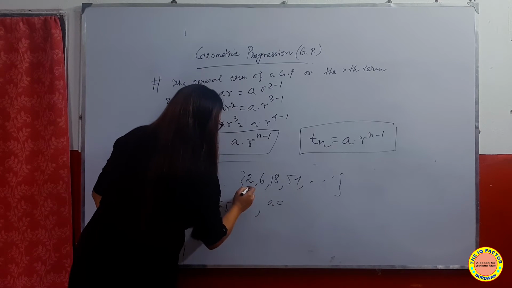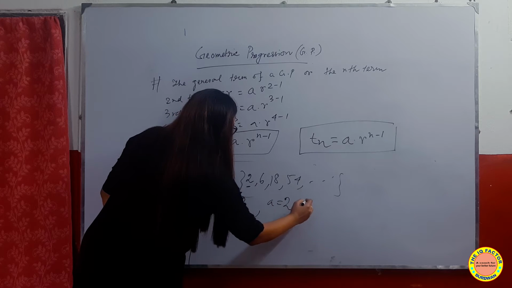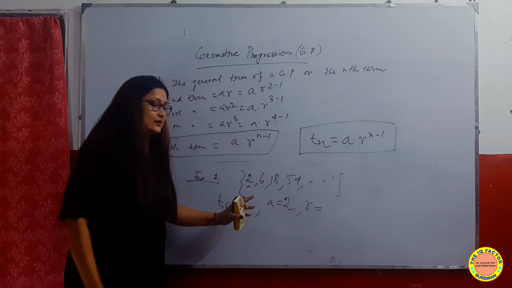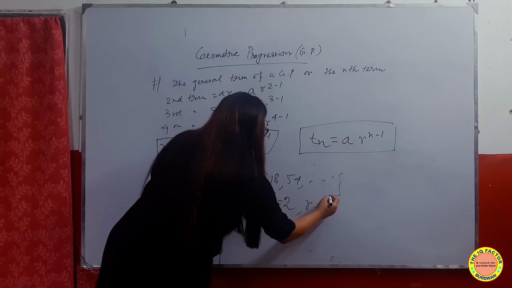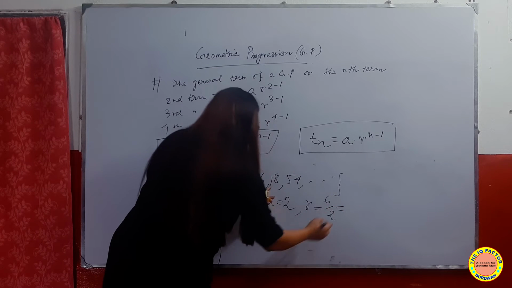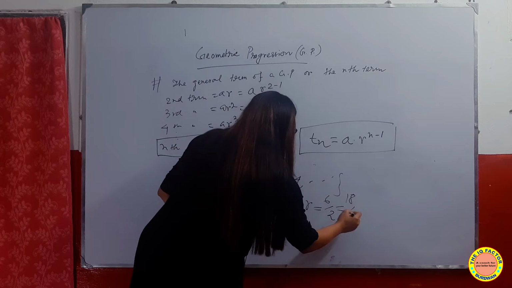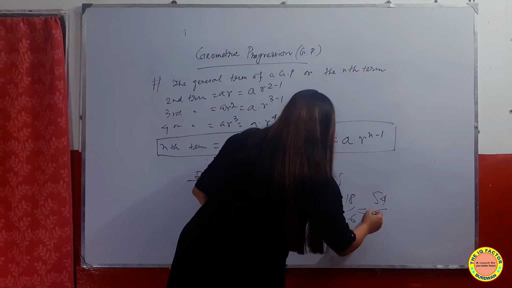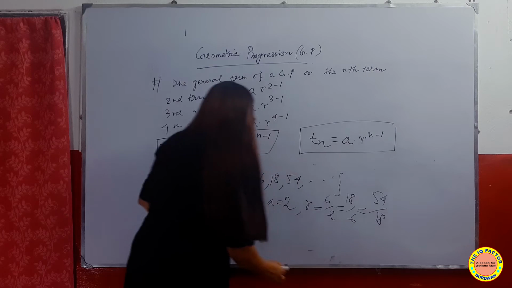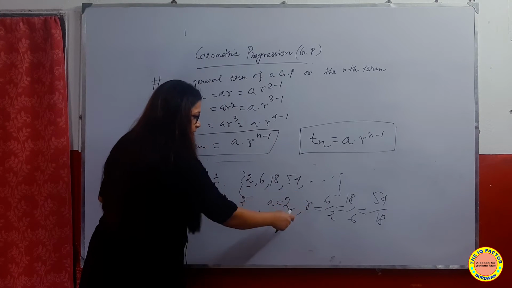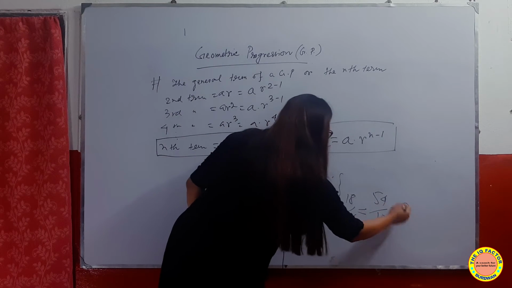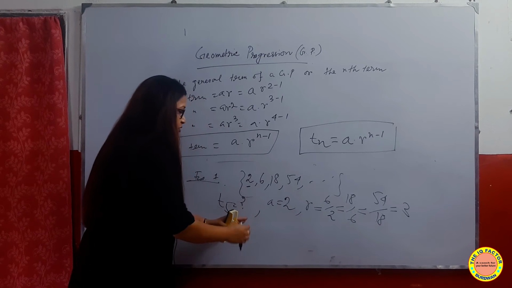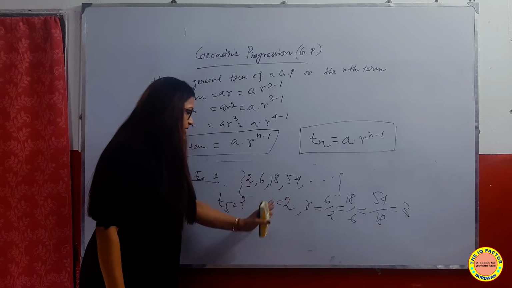Simply, A, the first term, is 2 and common ratio R. How can we get the common ratio? Dividing the second term by the first term, third term by second term, fourth term by third term. So dividing it, it will be 3. So common ratio is 3, R is equal to 3, A is 2.